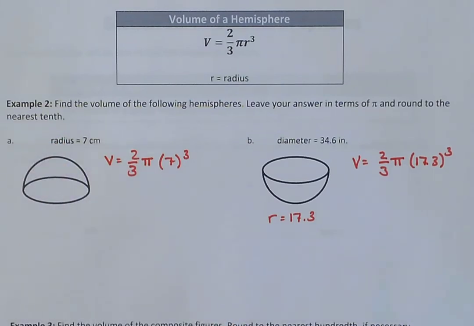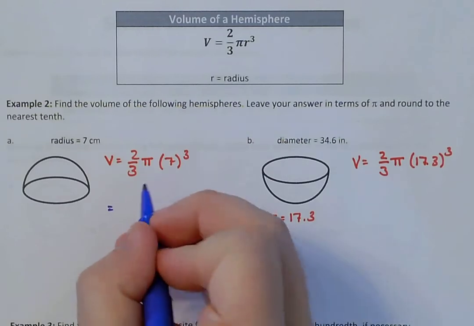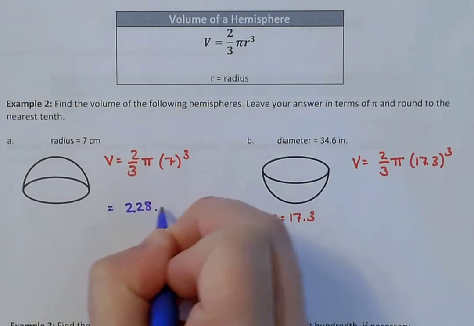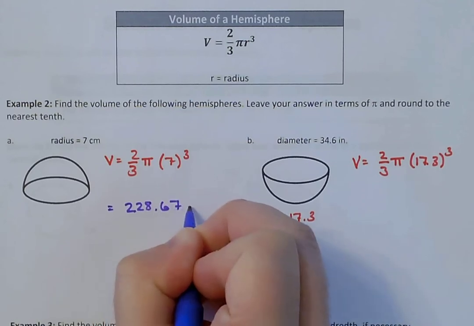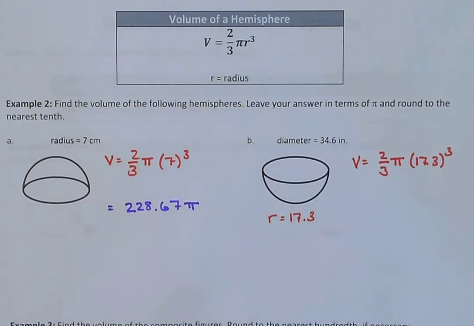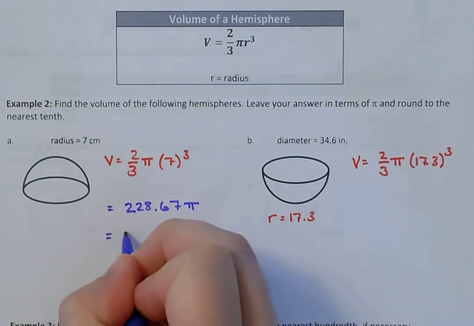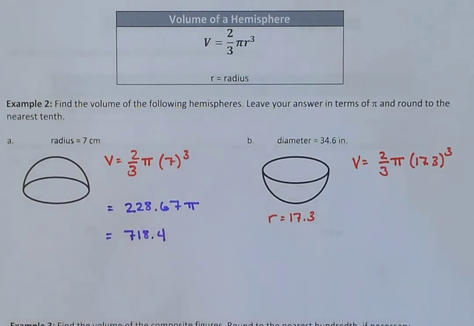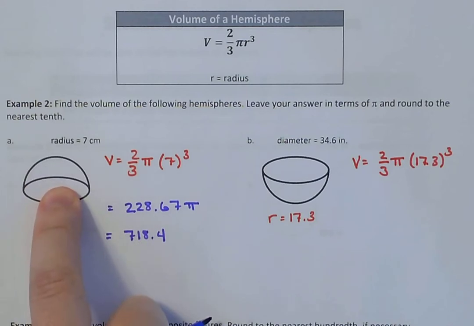So for part A, in terms of pi, it is 228.67 pi. And then if we multiply pi in, we get 718.4. So that is the volume of our hemisphere for part A.